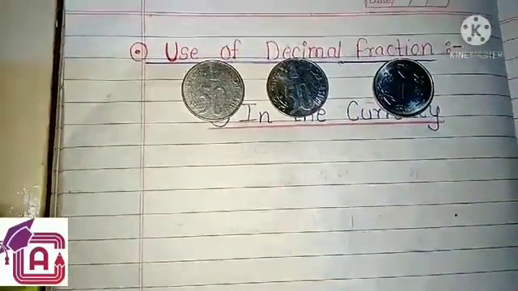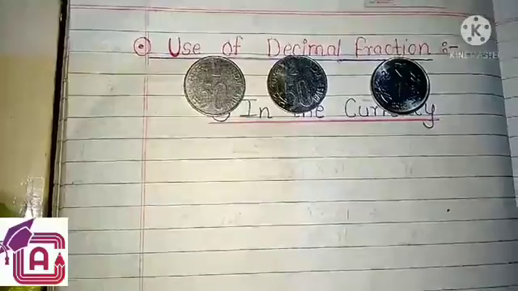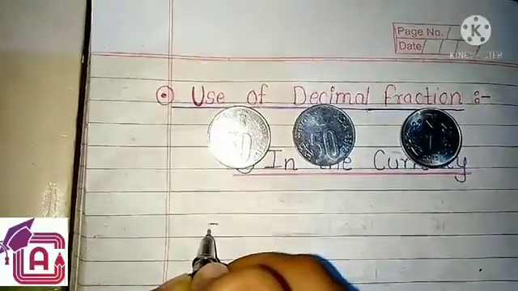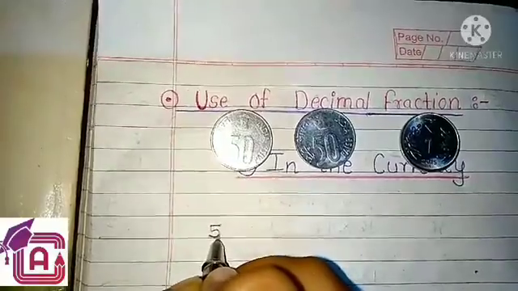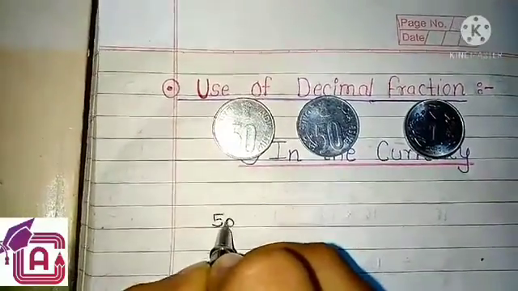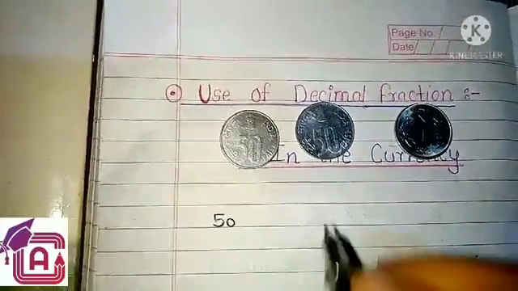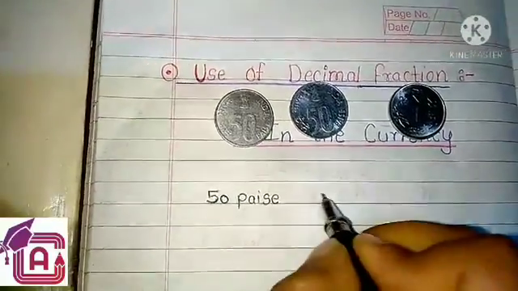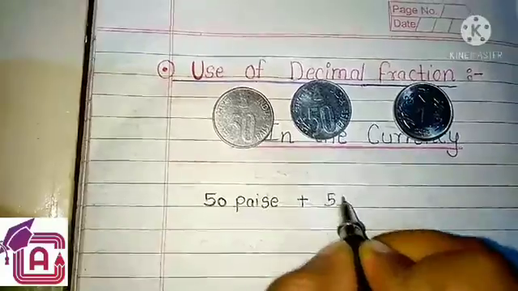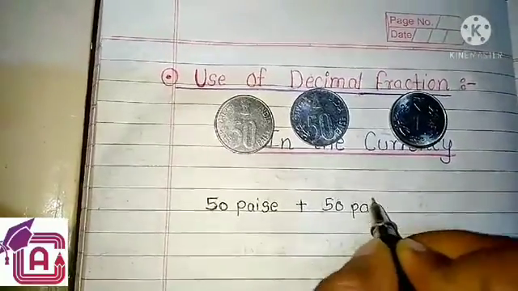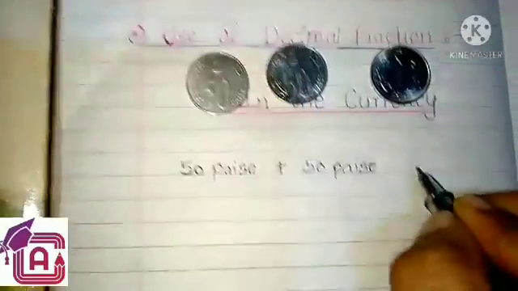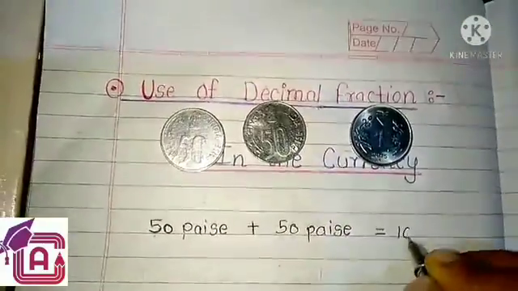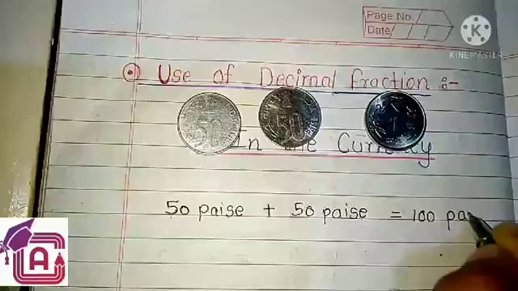You already learnt in the previous years' standards, if we take a coin of 50 paise plus another coin of 50 paise, we combinedly get how many paise? 50 plus 50 is 100 paise.